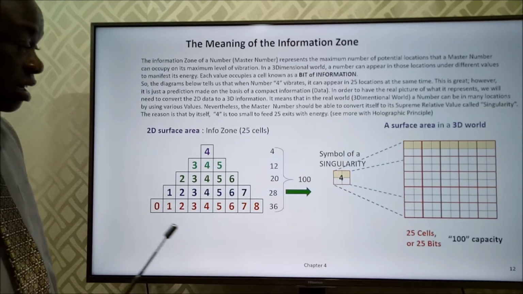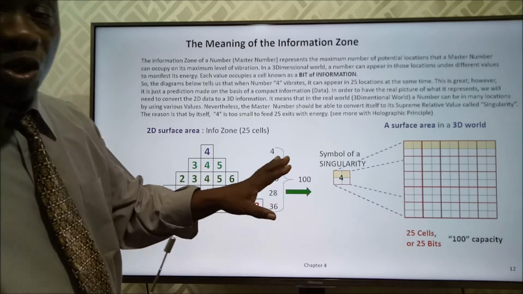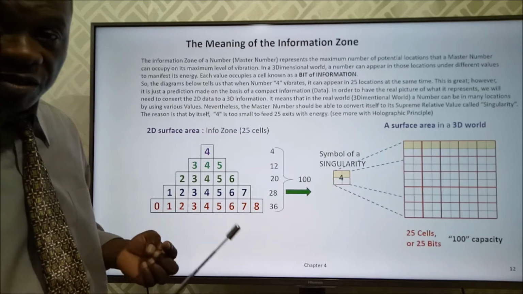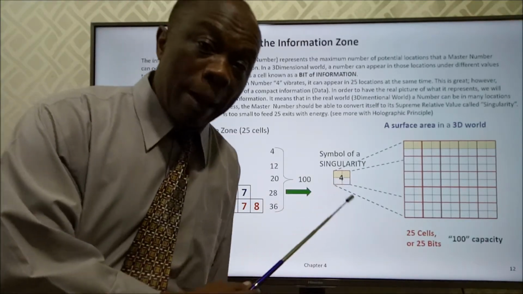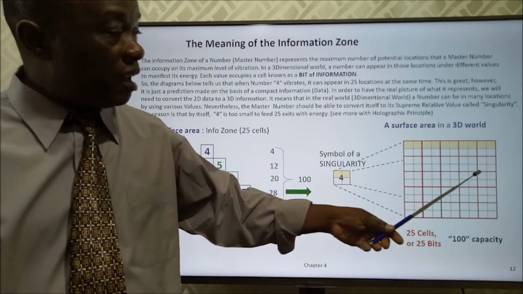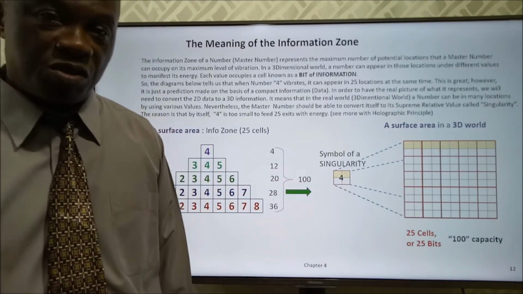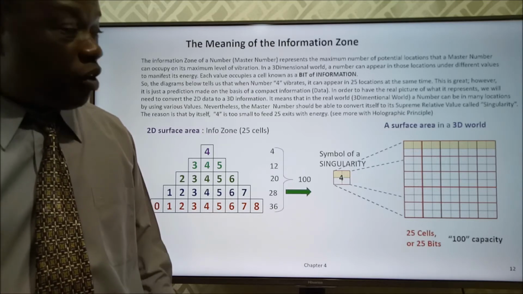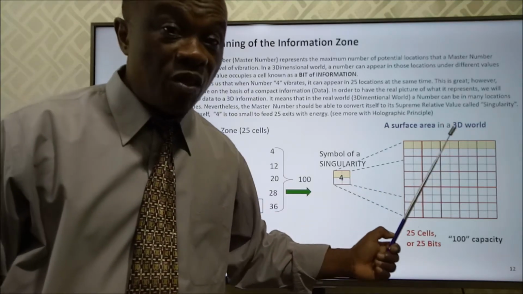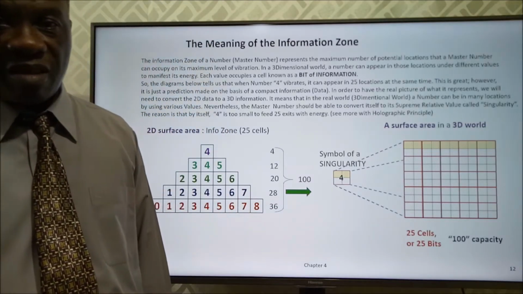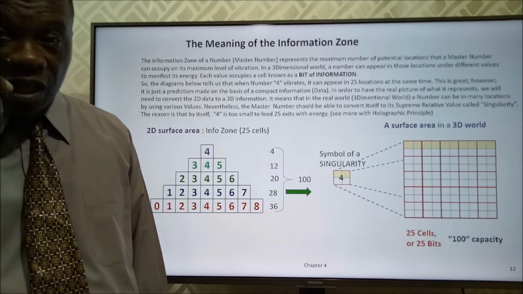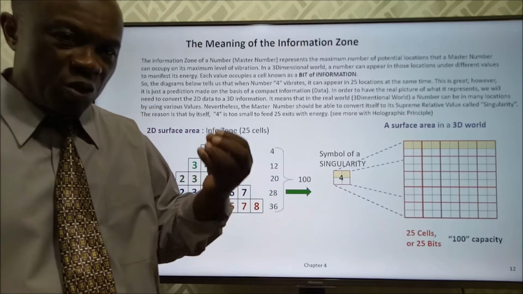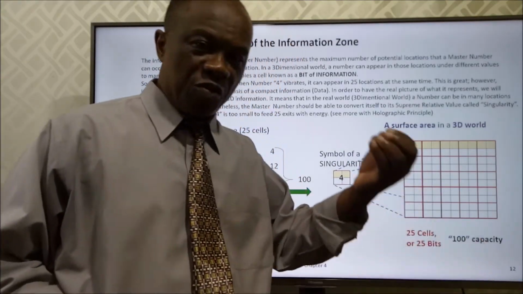I want to mention that this is only a prediction we are making, as I said. This is not real. In the real world, 4 has no capacity of being in 25 locations. It's not possible. 4 cannot be in 25 locations. But don't worry. 4 has veto power. Just like we said, the United States of America has a veto power.